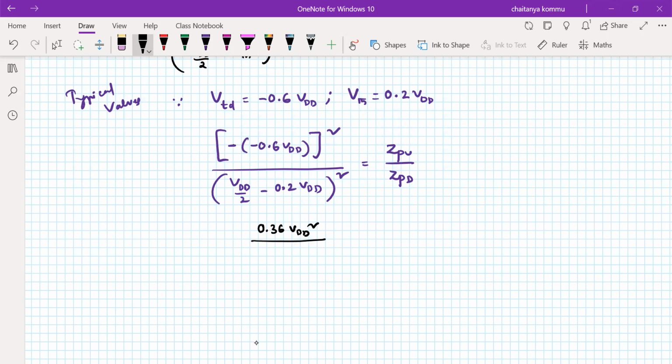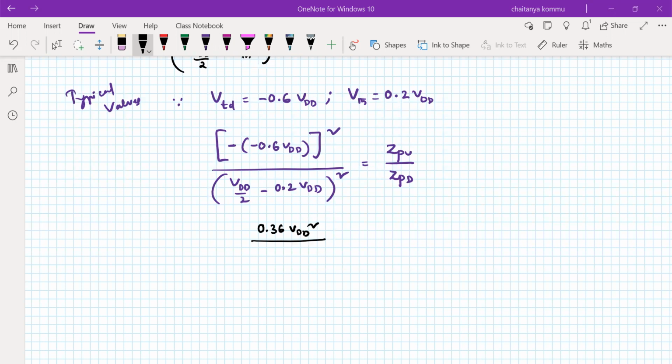What is the value of the denominator now? 0.5. This is 0.5 times VDD, right? 0.5 minus 0.2. Can anybody guess what the value of this one is? Anyone from the class?